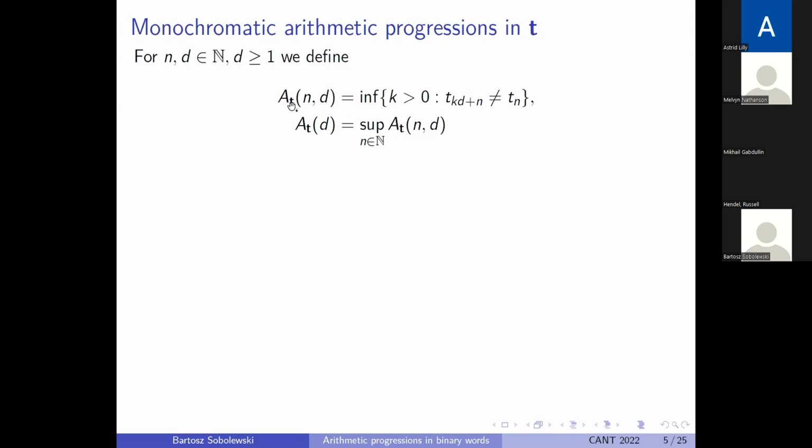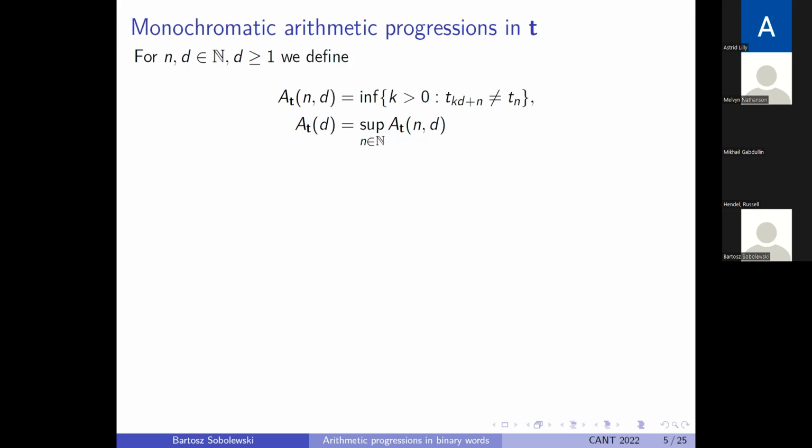So basically, A_T(n,d) is the longest monochromatic arithmetic progression starting at n of difference d. And A_T(d) is the supremum of these values. So this is the longest monochromatic arithmetic progression of difference d starting anywhere in the coloring or in the Thue-Morse word.